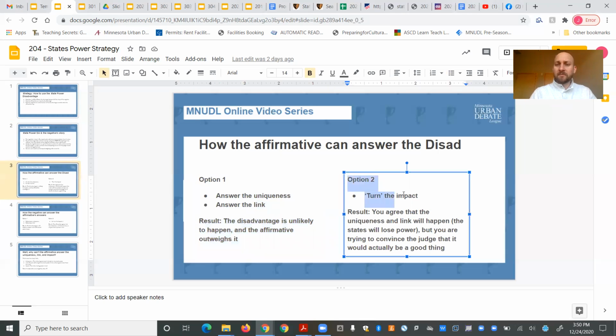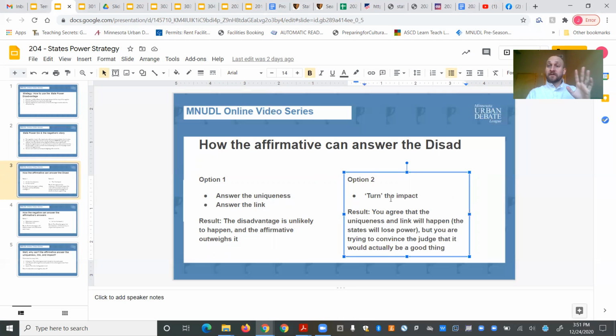Your second option as the affirmative is to turn the impact, and that's to go to the impact file and to say that the state's losing power is actually a good thing, and the national government gaining power is also a good thing, right? So when you turn the impact, you're not making any answers to the uniqueness or link.